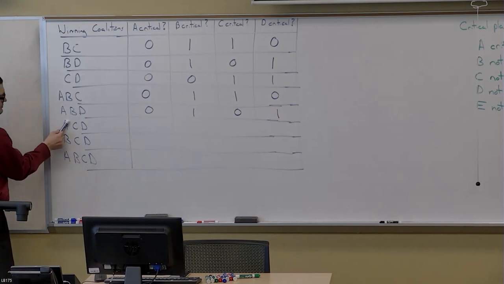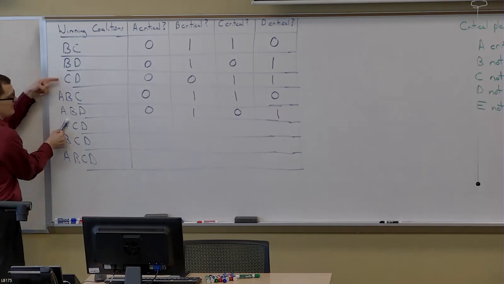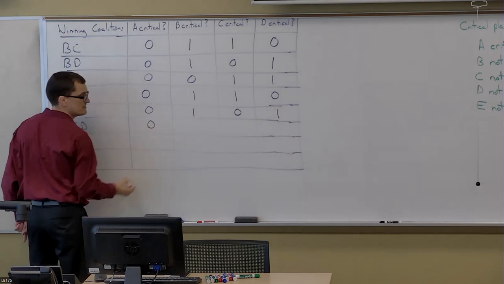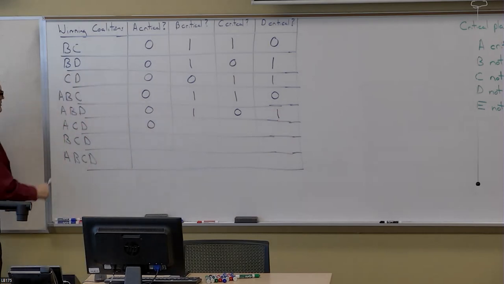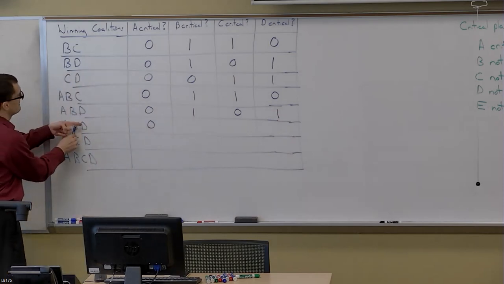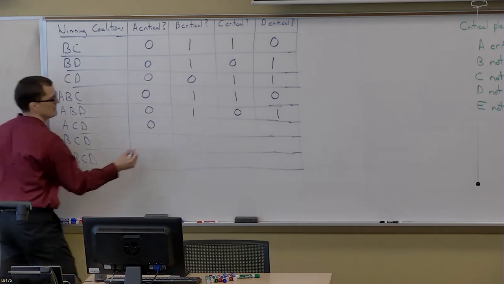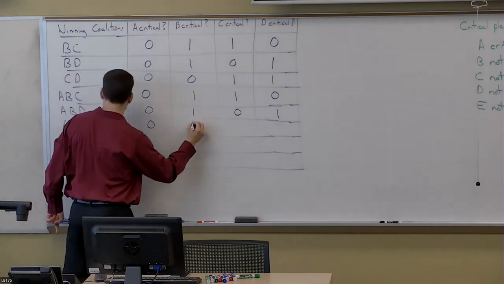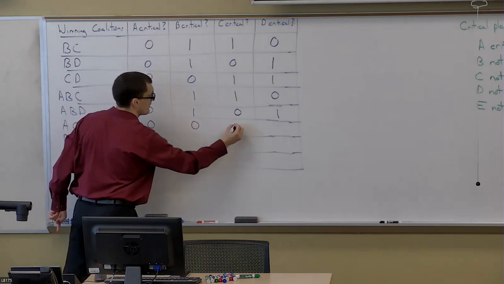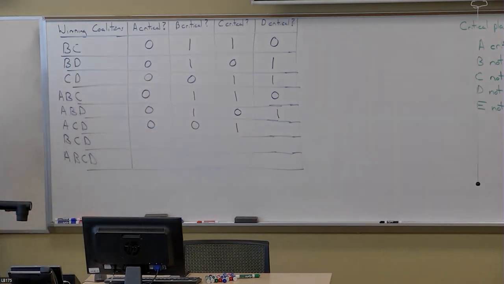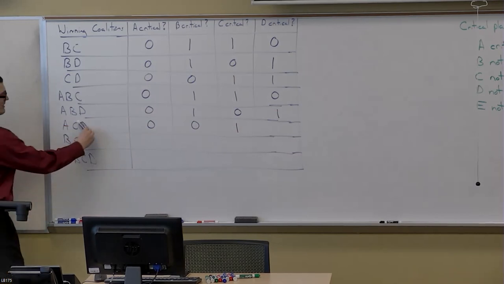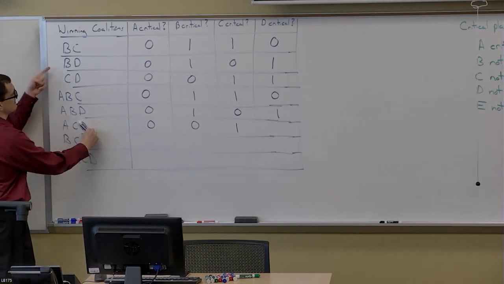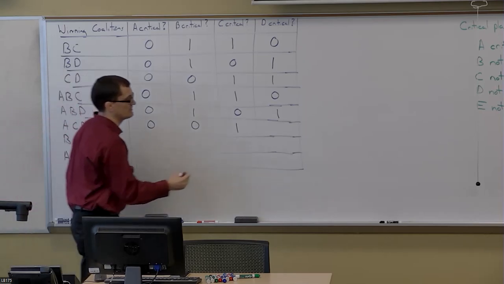Go to the next one. Drop A, C, D still wins, so A was not important. Drop C, A, D does not win, so C is important. B is not in there. Drop D, A, C does not win, therefore D is important.